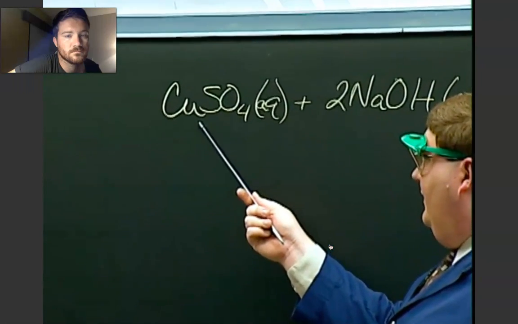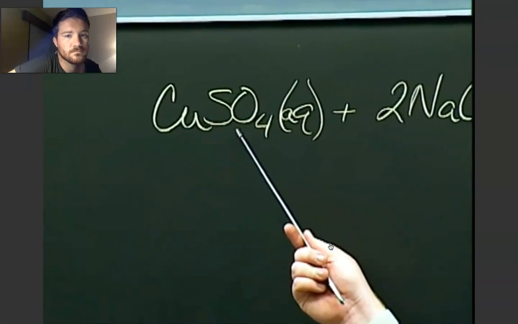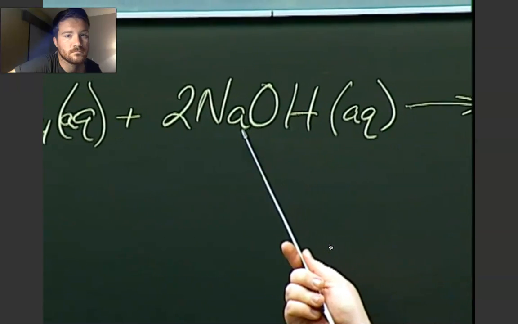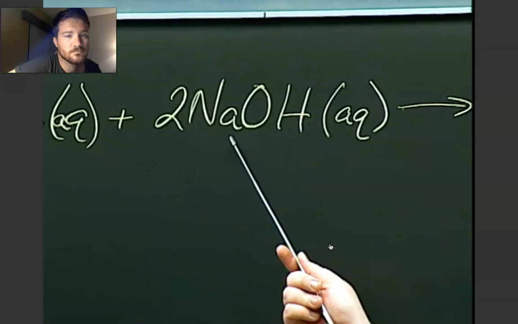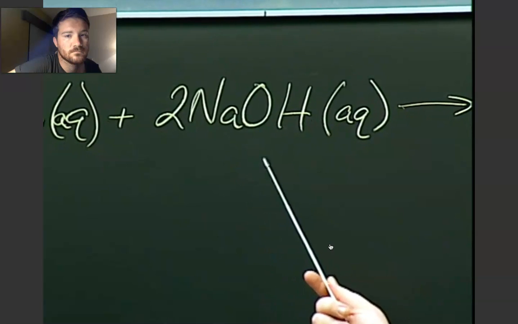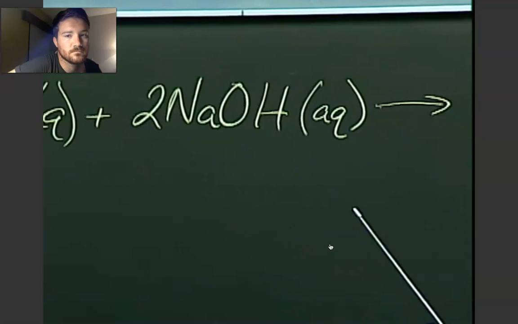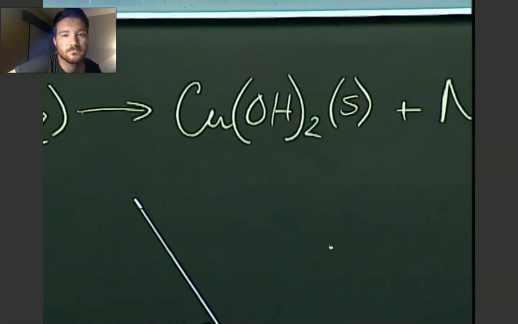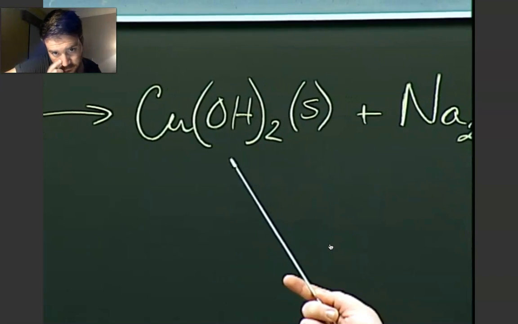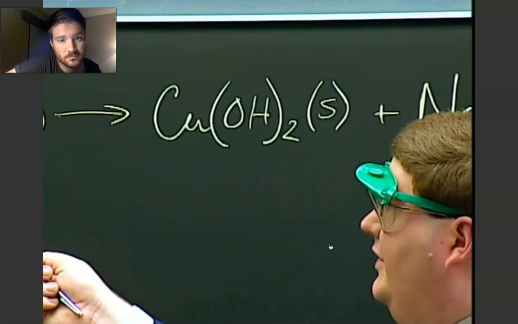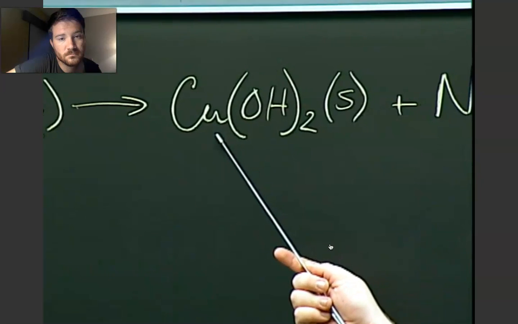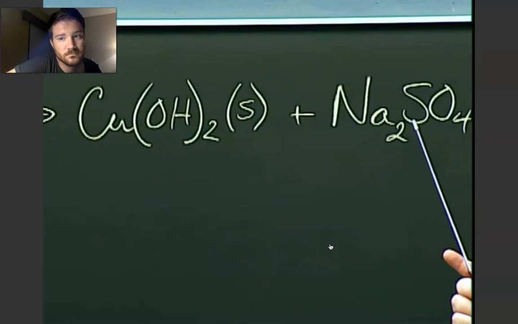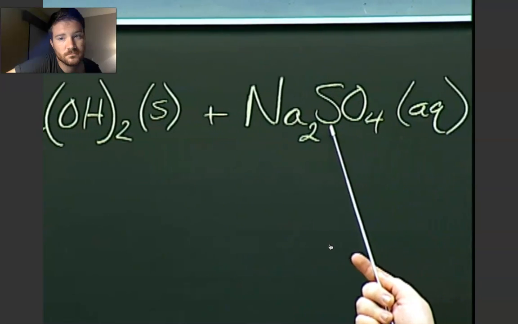But essentially, copper sulfate pentahydrate, and we reacted it with 2 moles, or 2 molecules, if you will, of sodium hydroxide aqueous solution. What then happens is sometimes referred to as a double displacement or double replacement reaction, where the hydroxide will come off of the sodium and bond with the copper. And the sulfate will come off the copper and bond with the sodium.